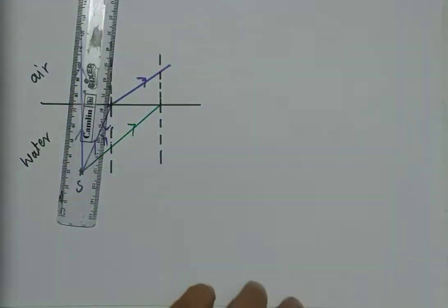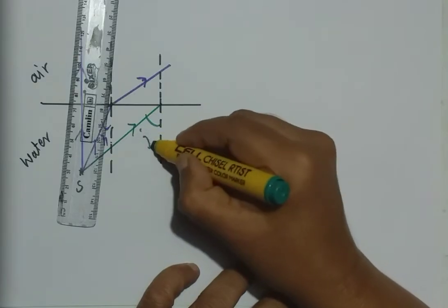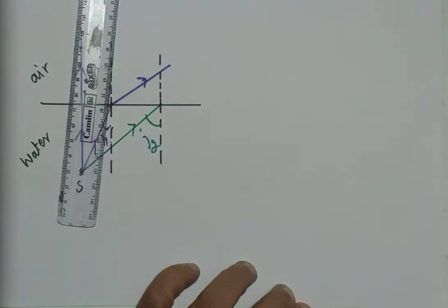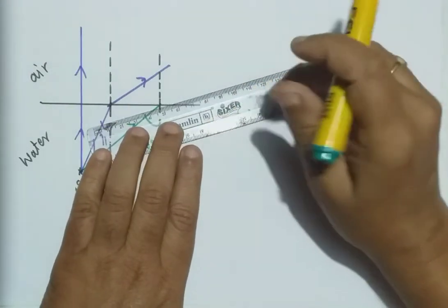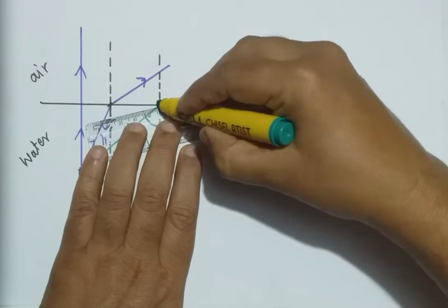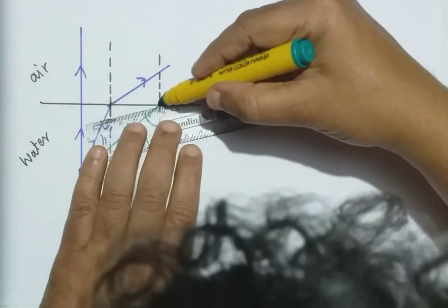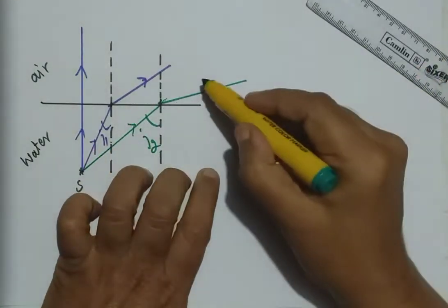As angle of incidence is increased, angle of refraction must also increase. Therefore, the refracted ray for this angle of incidence will be having more angle of refraction. Say, I write it like this.